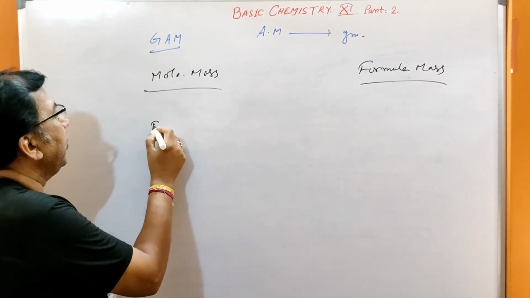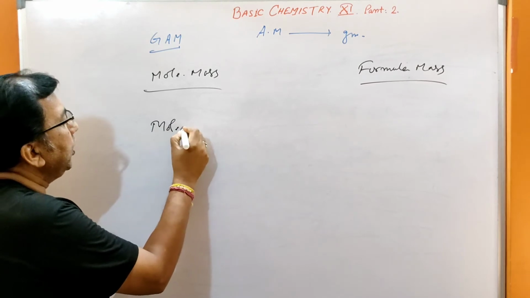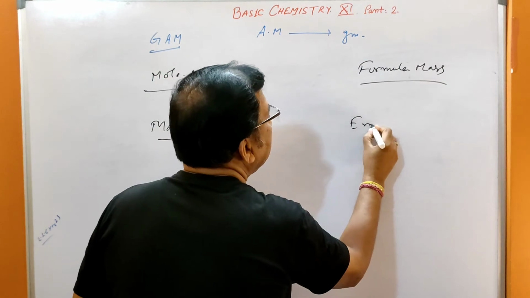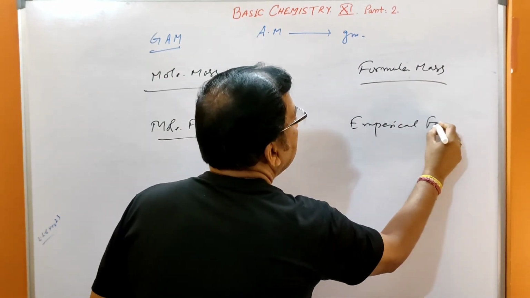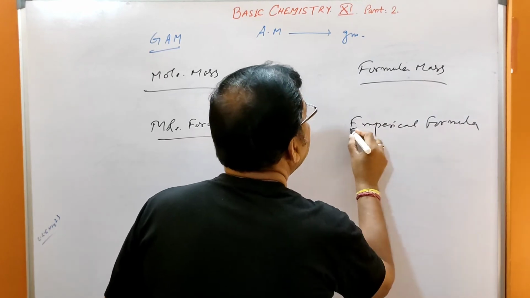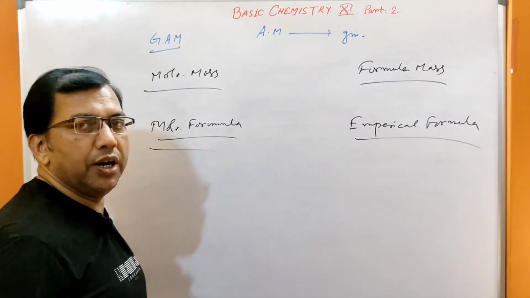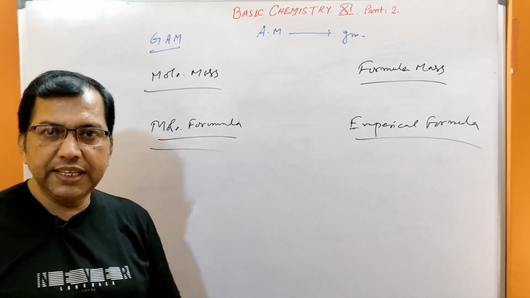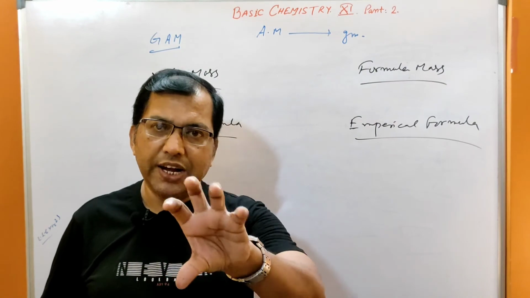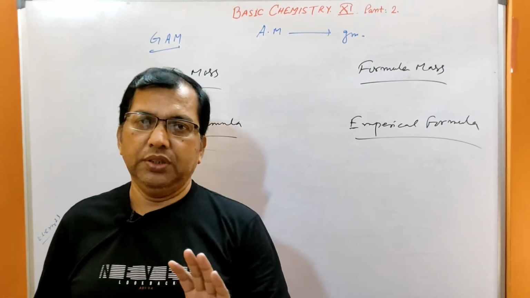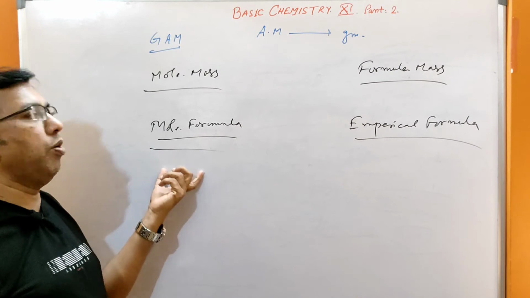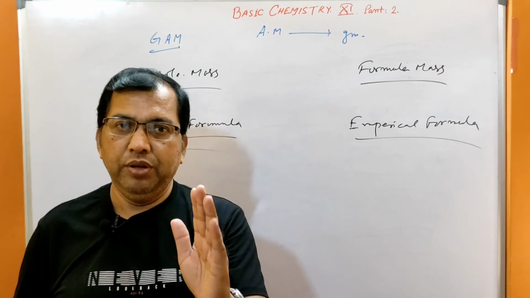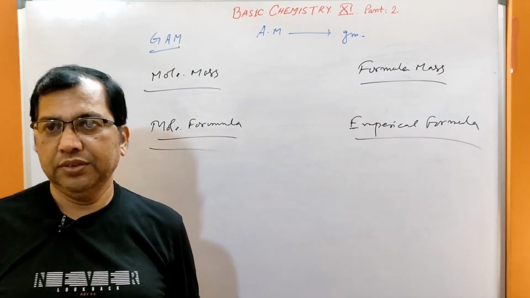Note it down. What is empirical formula? I will discuss it. Molecular mass gives exactly the number of atoms present in a compound, and formula mass gives the ratio of the atoms or ions present.